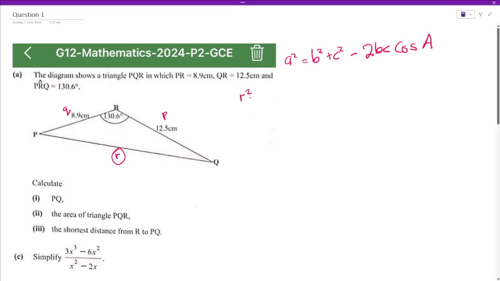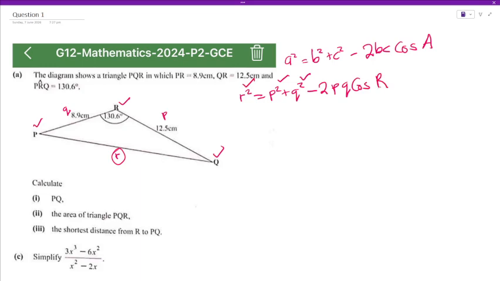Since we're finding r squared, and this is triangle PQR, which one comes first? That should be p. So we're going to say p squared plus q squared, and then minus 2, these same variables, pq, and then cos. What are you finding? Side r.